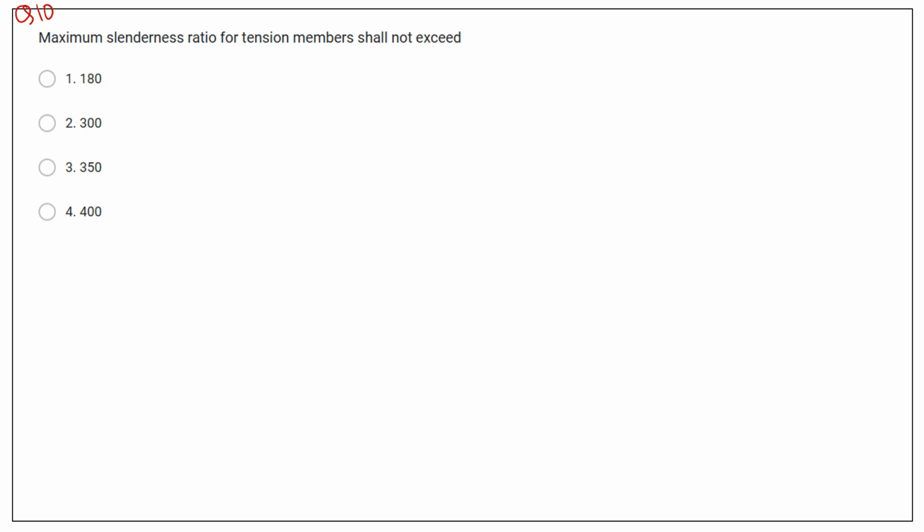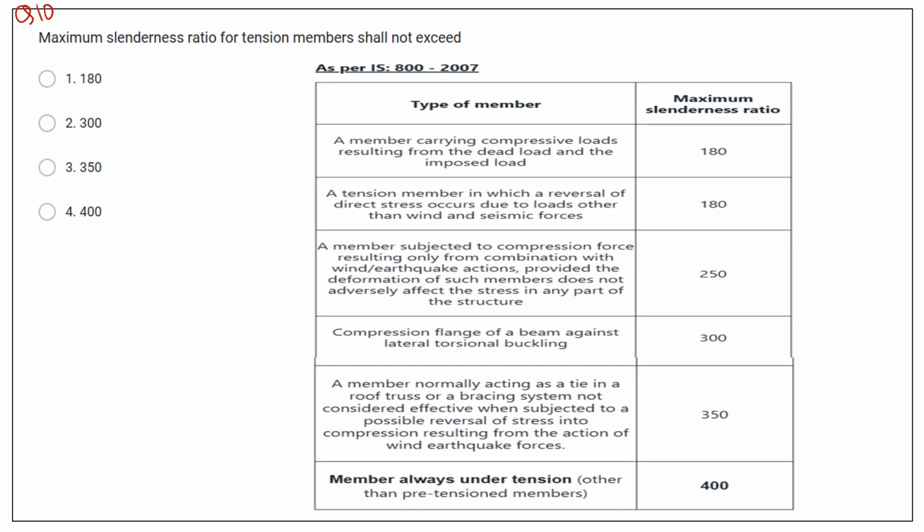Question number 10. Maximum slenderness ratio for tension members shall not exceed. So this is the table for the slenderness ratio by IS 800 2007. In the first column, the type of member is given. For a member subjected to compressive load resulting from dead load and imposed load, the slenderness ratio is 180.